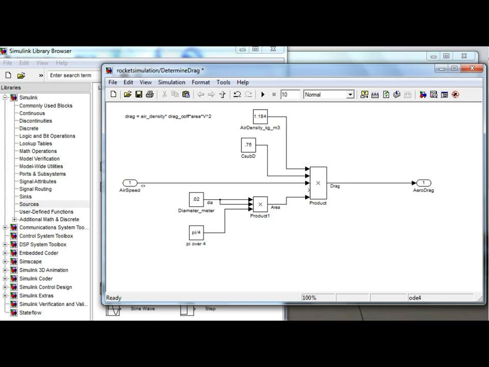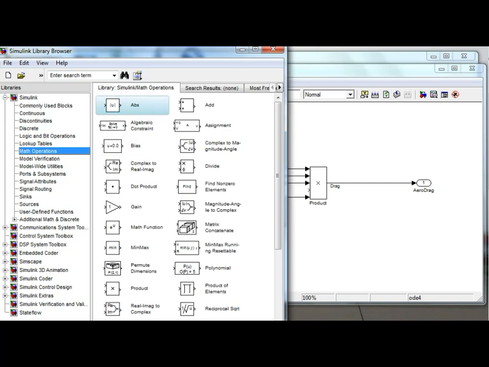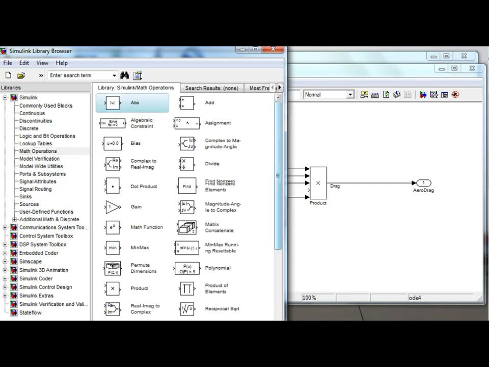Now I could put units on it if I want. It's not a bad idea. Okay, I got one more thing here, and it's not connected, and obviously I'm up to something, right? Well, that's not air velocity squared, that's just velocity. I need velocity squared. So before I go any further, I will go to Math Operations and Math Function.